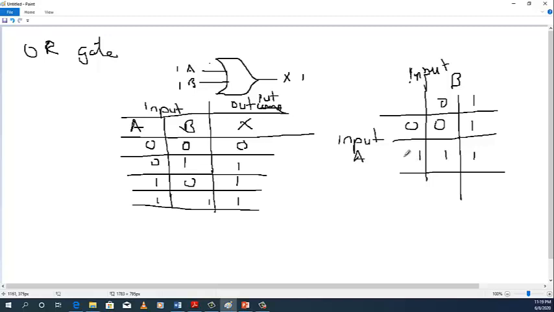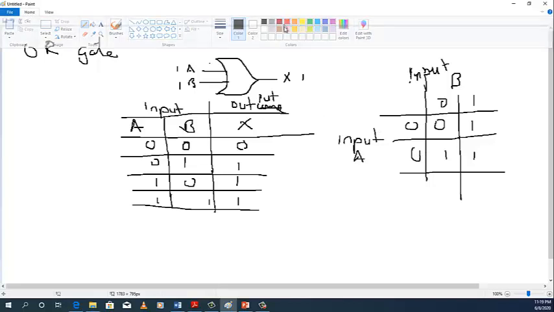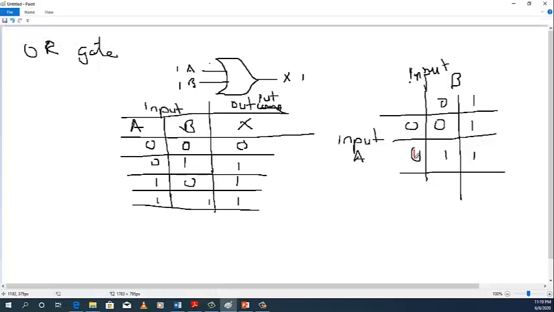So this means that if you input a 1, okay, let me change the color. If you input a 1, here is a 1. If A is 1 and on the other side B is also 1, what are we going to get? We're going to get 1 and 1.